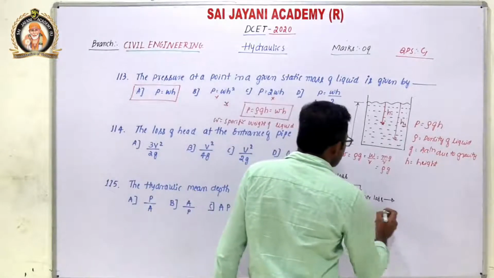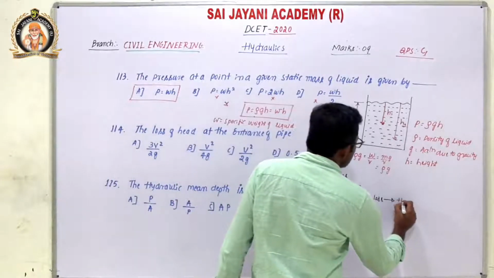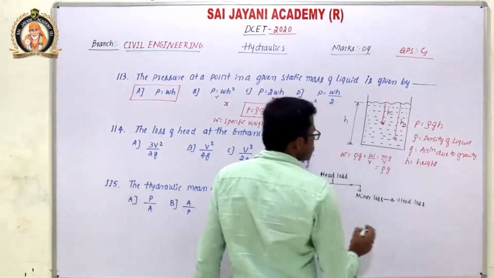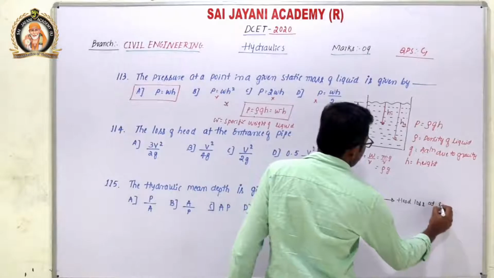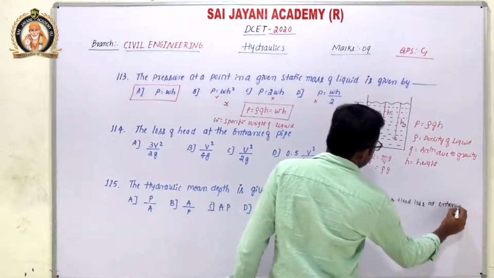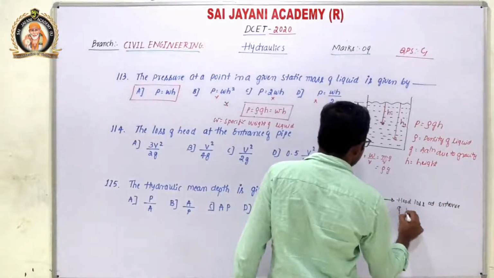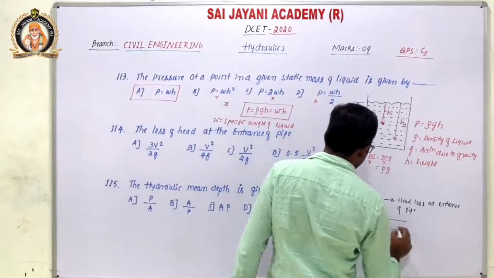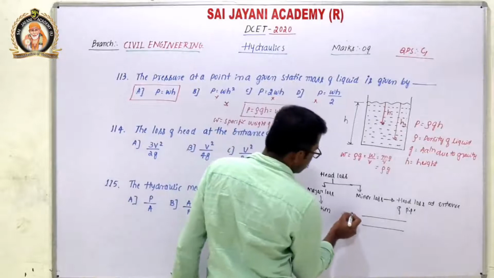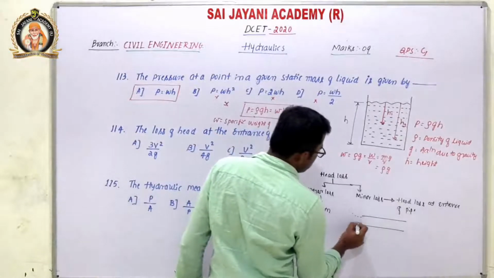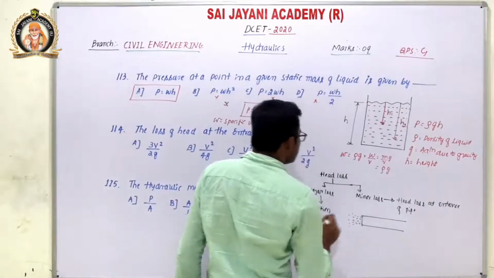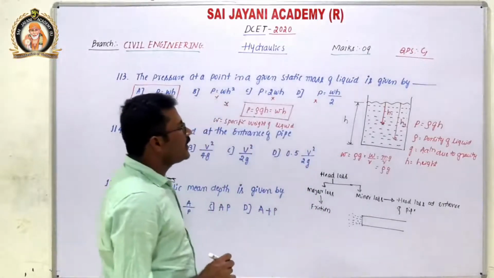So now, head loss at the entrance of pipe. When the fluid enters a pipe, there is a small amount of head loss known as head loss at the entrance of pipe.